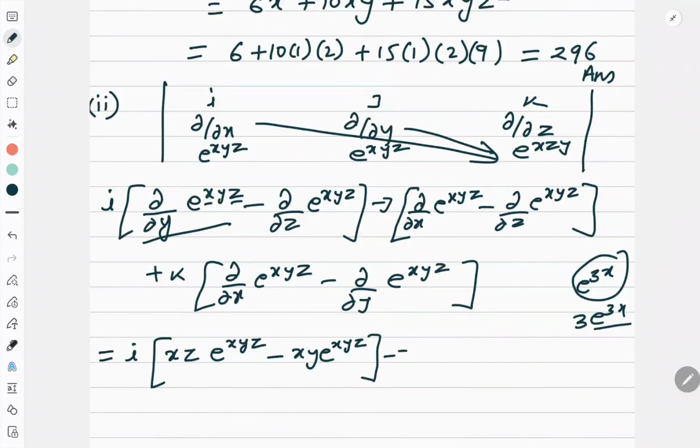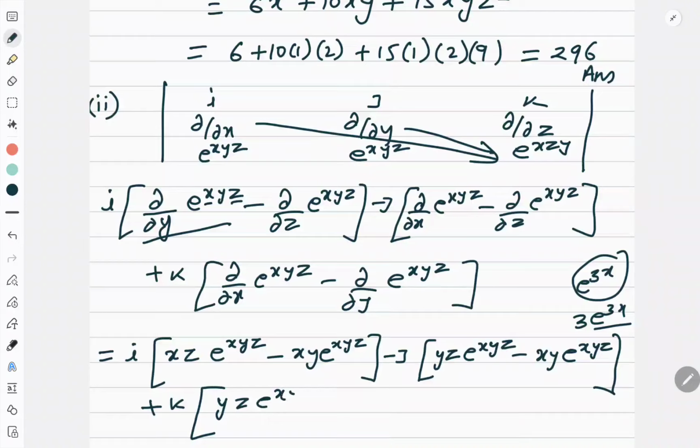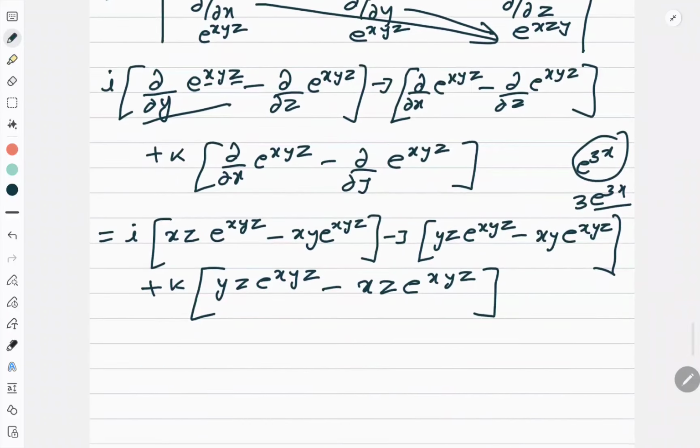Okay. Then minus j times yz e to the power xyz minus xy e to the power xyz, plus k times yz e to the power xyz minus xz e to the power xyz. Correct? Now since the derivative is gone, you can take e to the power xyz common.